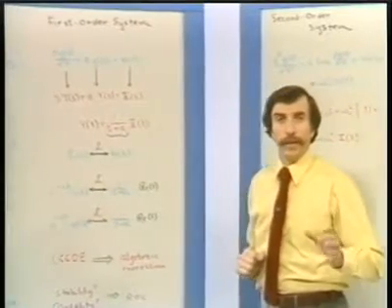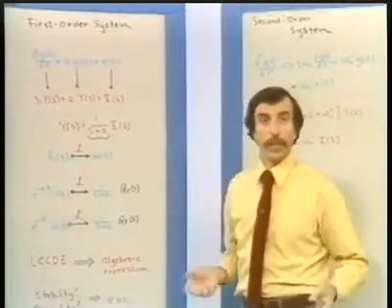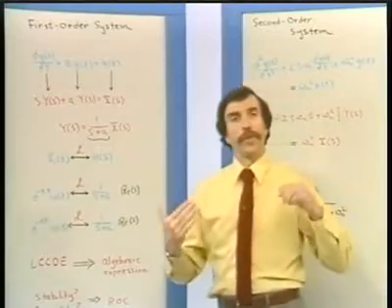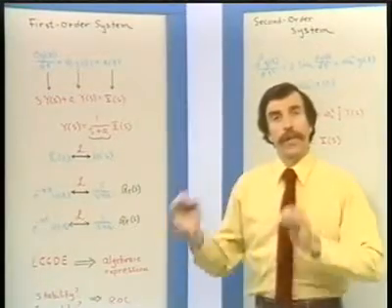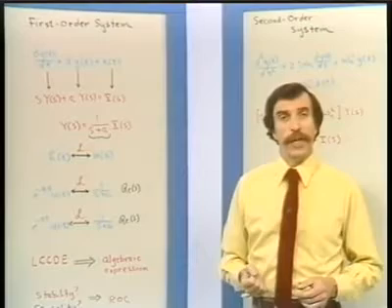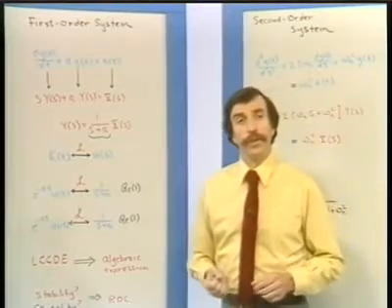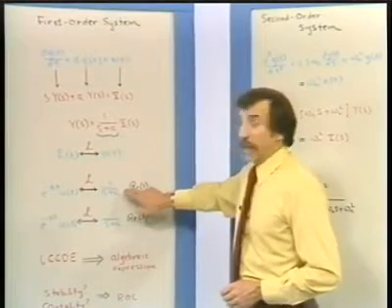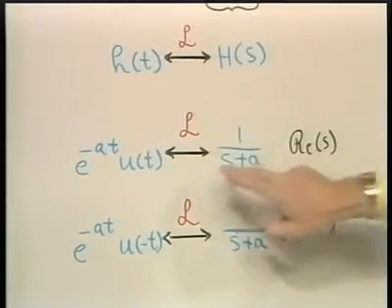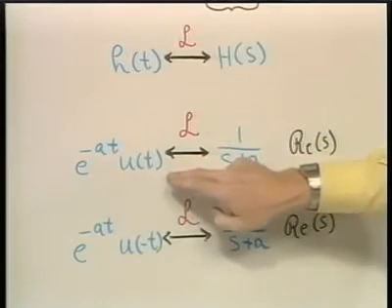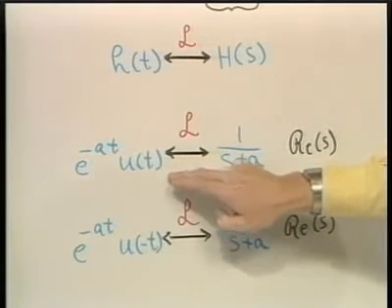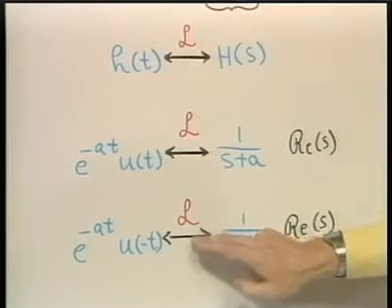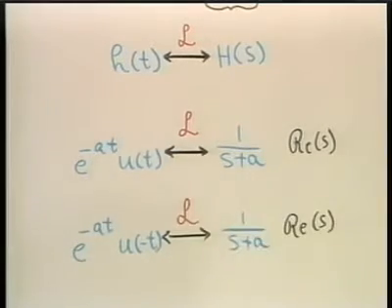Well, we can do that using the inspection method, which is one way that we have of doing inverse Laplace transforms. The question is then, what time function has a Laplace transform which is 1 over s plus a? The problem that we run into, in fact, is that there are two answers to that. 1 over s plus a is the Laplace transform of an exponential for positive time, but 1 over s plus a is also the Laplace transform of an exponential for negative time.